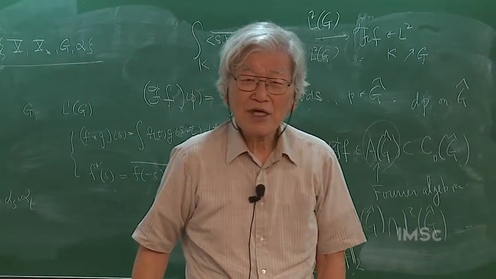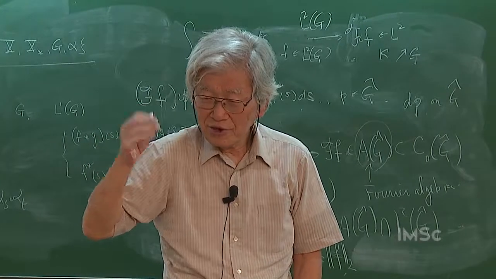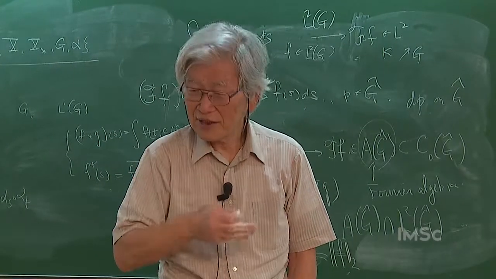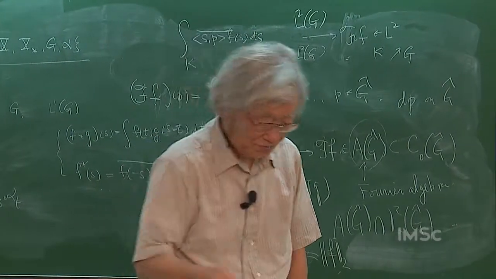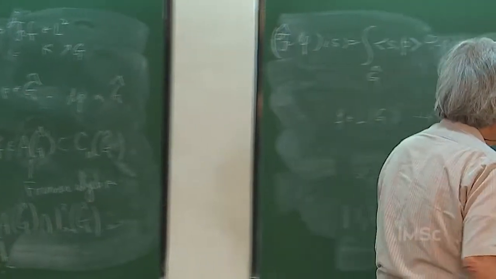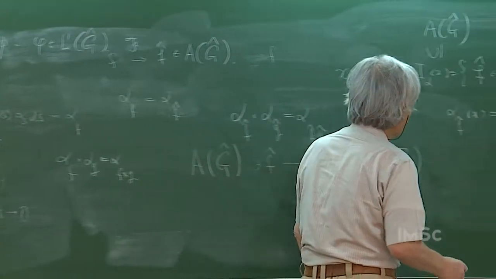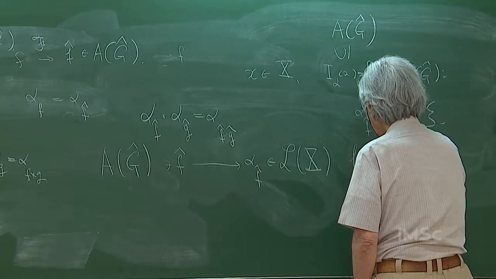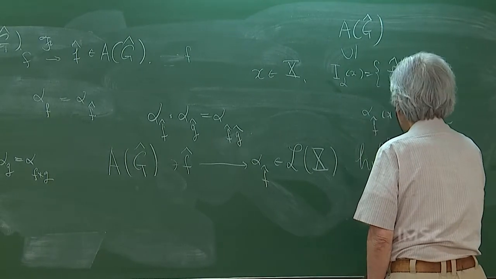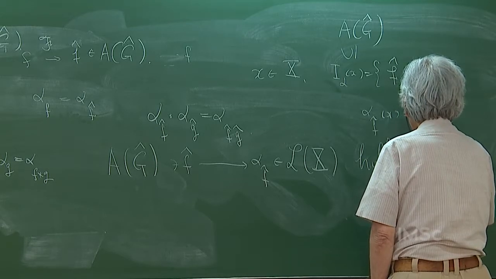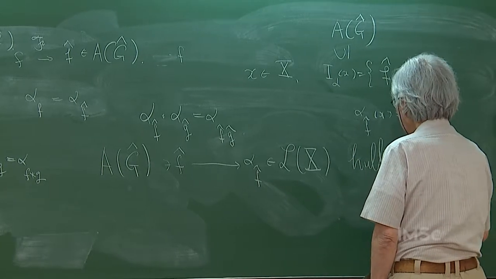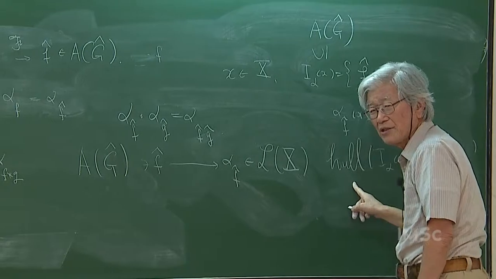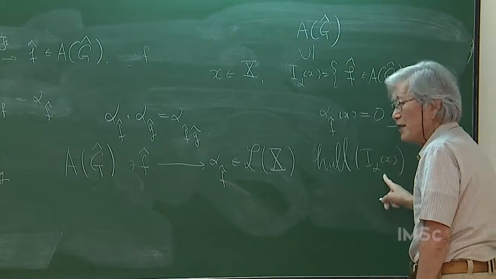Then you have the zero-point set of the ideal, which is called the hull. The hull of I_alpha(x) is the zero-point set of this ideal.